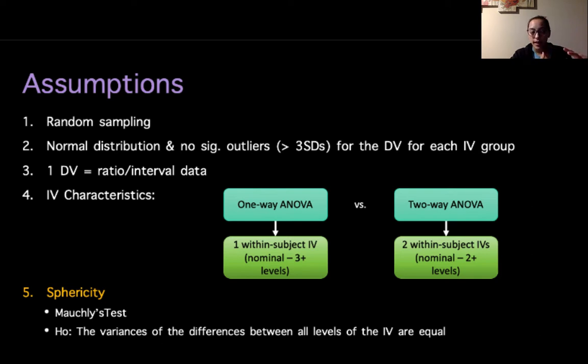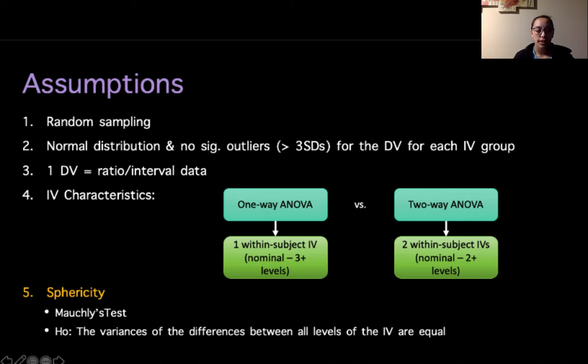The difference, however, is that we're looking at the variances of the differences between all levels of the independent variable. The null hypothesis argues that those variances of the differences are equal, versus the research hypothesis, or the HA, which would say that the variances of the differences are not equal.